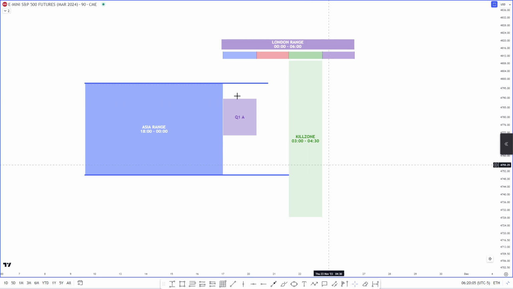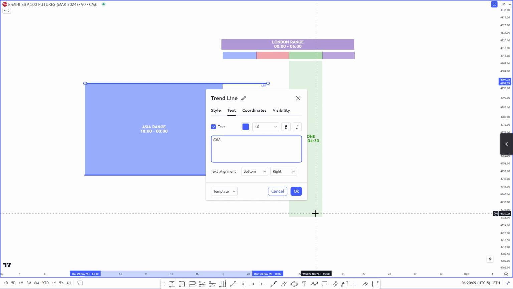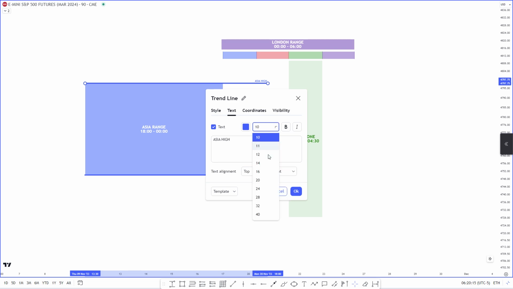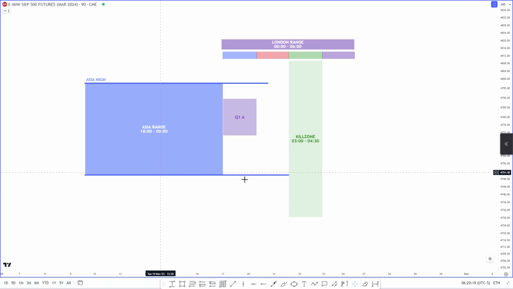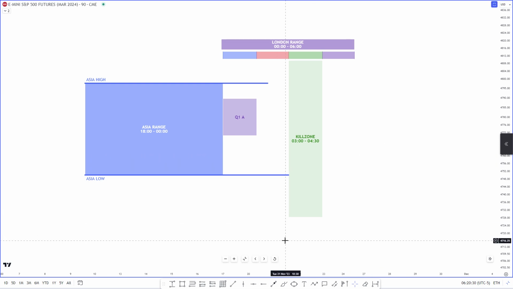I keep saying London, but yeah, then we can say top. Then Asia low.